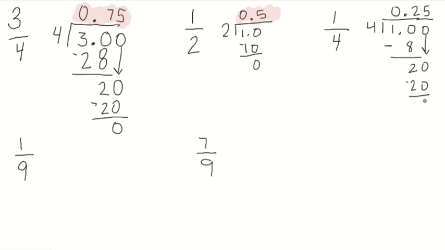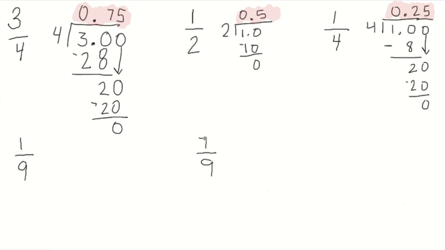No longer have a remainder, no other numbers to bring down. Also, I know that a quarter of a dollar, or 1/4 of a dollar, is 25 cents. So definitely memorize these 3 conversions. They happen often in the real world.